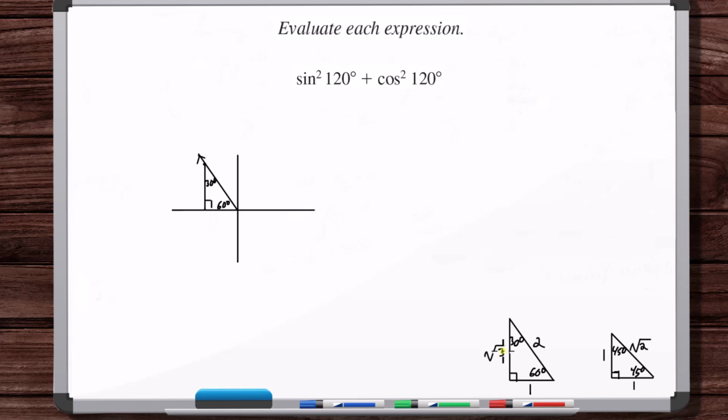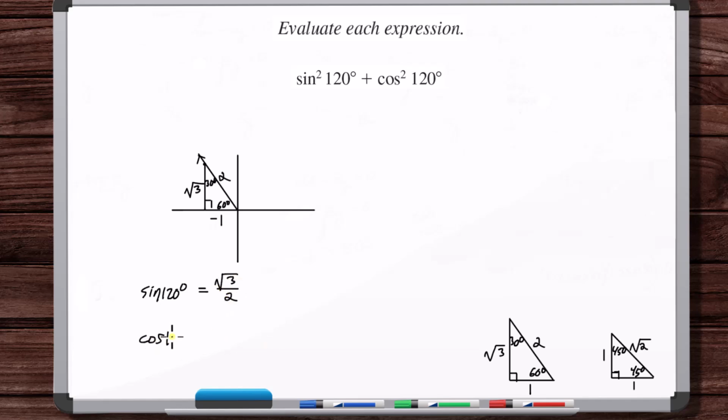Now we come to the 30, 60, 90 triangle, and we'll put those side lengths. This is going to be -1, and this is going to be positive √3. So the sine of 120, we come to the reference angle and do SOHCAHTOA, honoring any negatives on the side lengths. Sine is opposite over hypotenuse, that's √3 over 2.